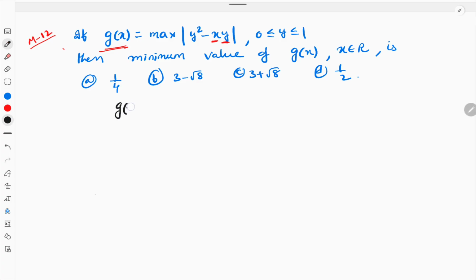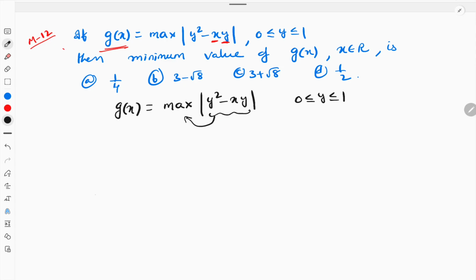Here, g of x is defined as the maximum of the expression y square minus x into y, where y lies between 0 to 1. So here there is an expression y square minus xy, and the maximum of that expression is defined as g of x.